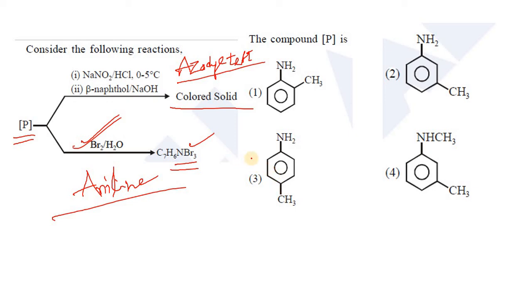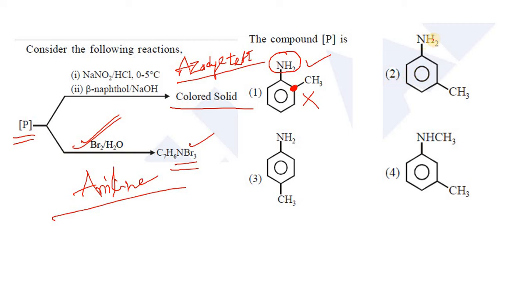So the two ortho and para positions should be vacant. So if you take first one, it's a primary aromatic amine. This one is positive towards azo dye test, but here one of the ortho positions is occupied by CH3, so there is no tribromination. So this one is incorrect.